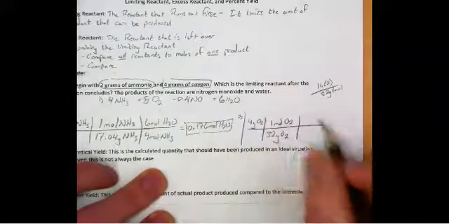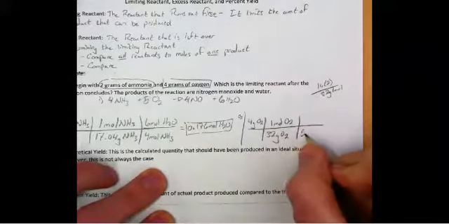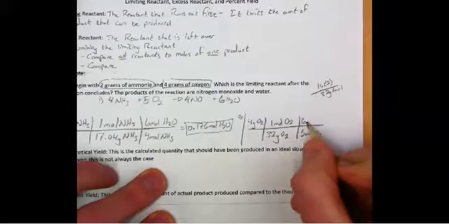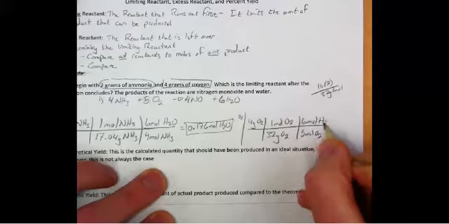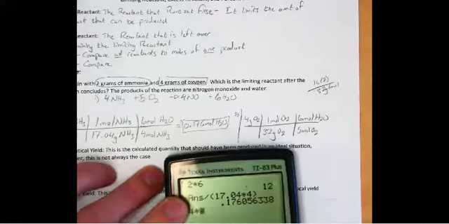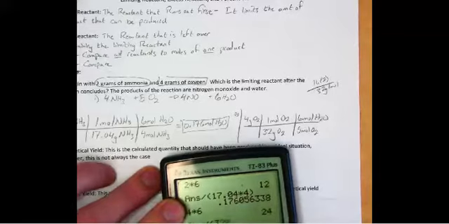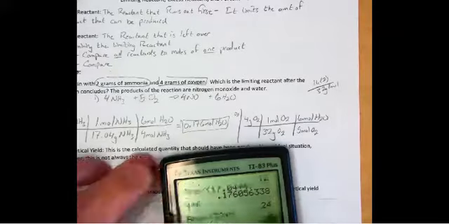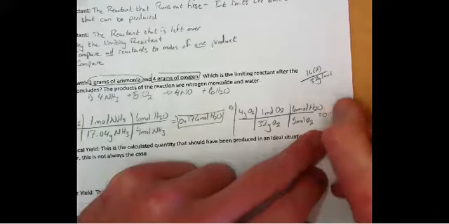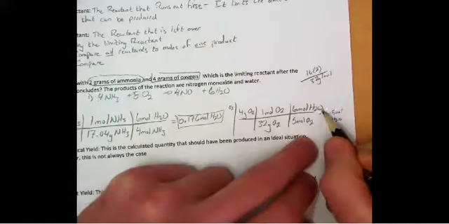Convert from our moles of O2, so 5 moles O2 to our 6 moles H2O. Multiply across the row. 4 times 6 divided by 32 times 5 gives us 0.15.